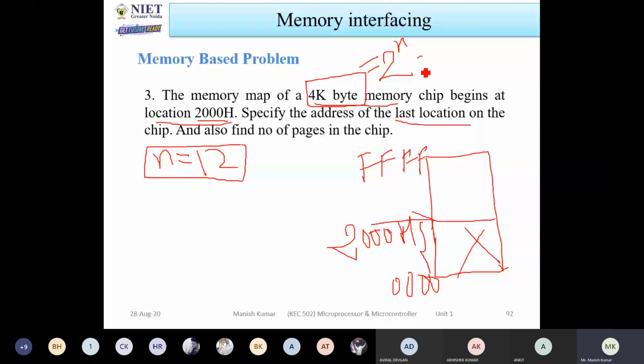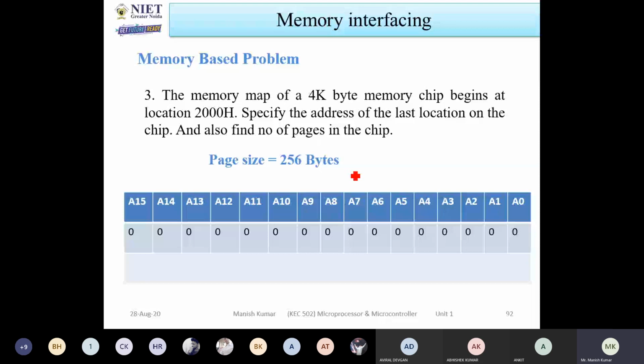I'll erase these things. So now I am telling that you are getting 12 address lines. So up to 12 you have to write the values. Rest of that you have to put 0, since we are not going to use these 3 address lines. We can connect these 3 lines somewhere else. So I am bothered about the 12 bits.